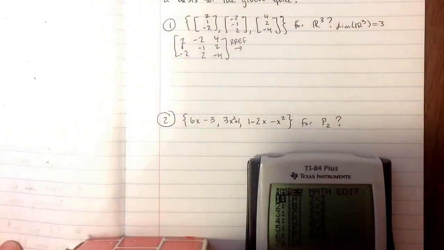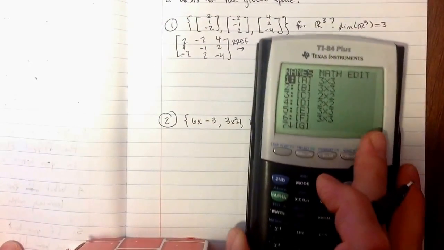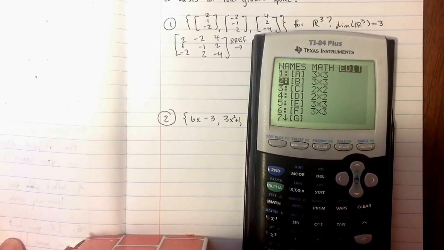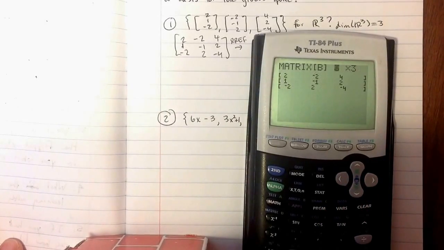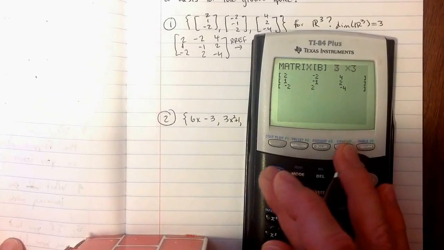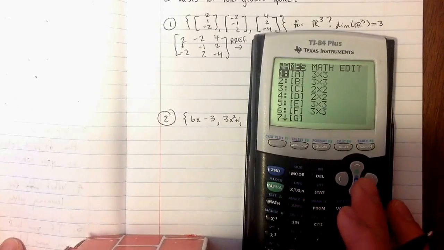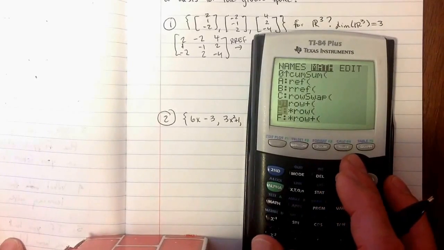So I have this matrix entered in my calculator, but I'll show you how it plays out. I'm going to go to Edit, B, and show you that the matrix is in there. Okay, that looks good. Now, I'm going to quit out of there, go back into matrix, and arrow over to math and do an RREF.